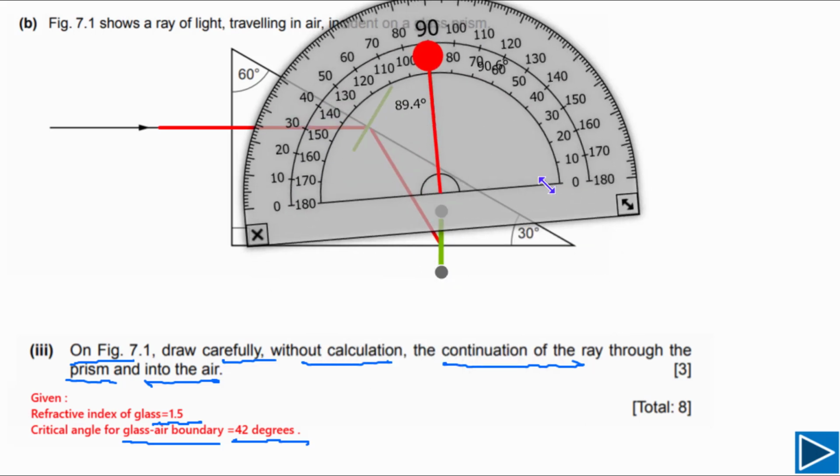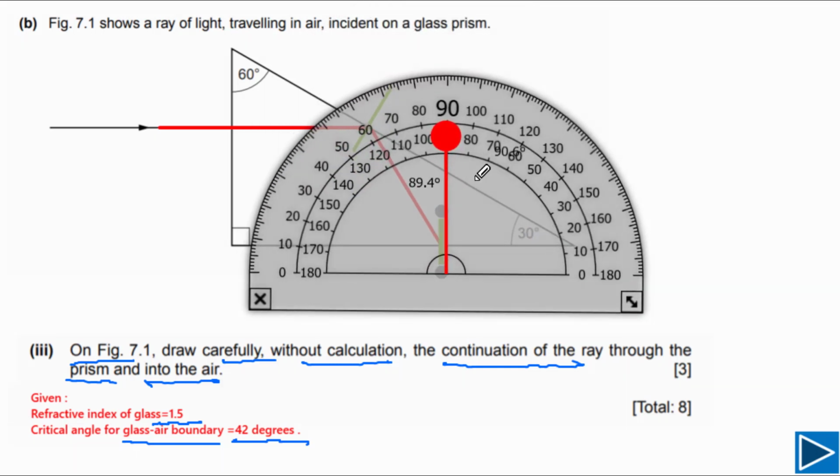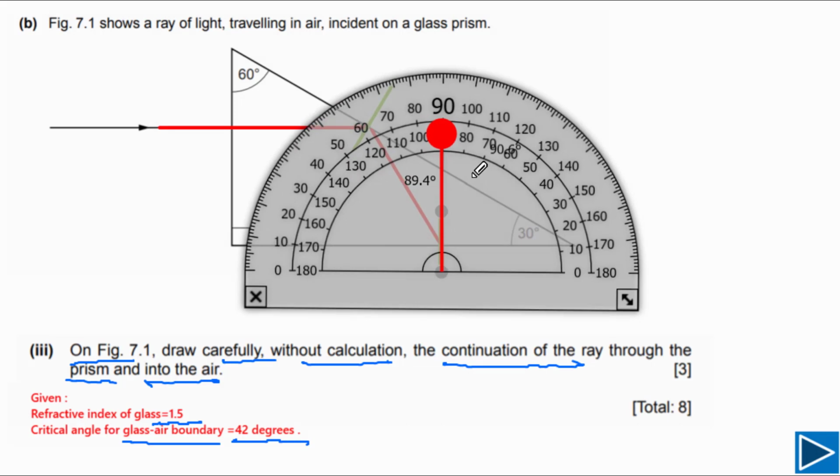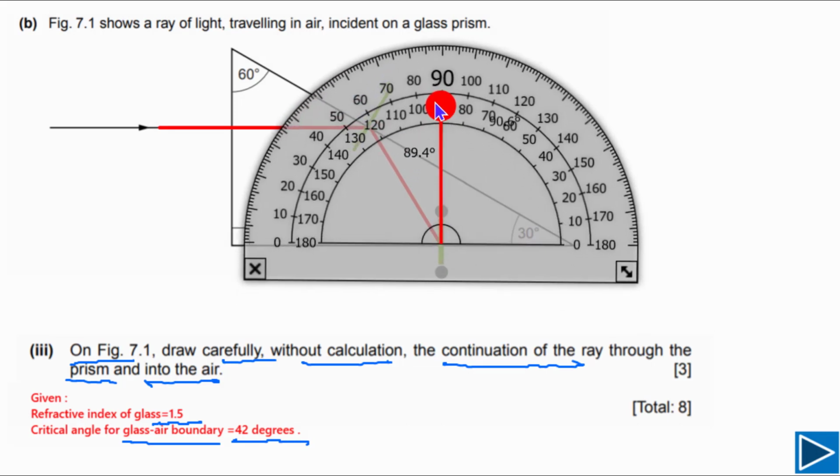So we can align like this. We can place our protractor at this point, and we can find the angle of incidence for this reflected ray. The angle of incidence in this case is about 32 degrees.